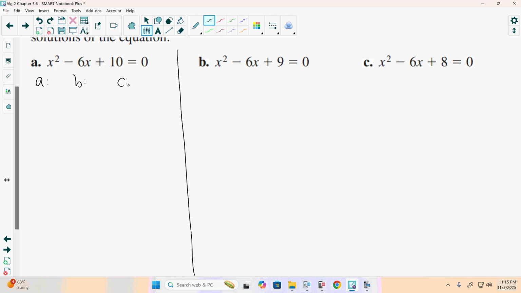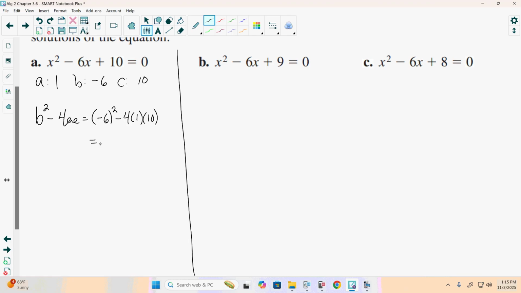Just like before, we're going to find the values of a, b, c. For our equation here, the number in front of x squared, our a, is 1. The number in front of x, our b value, is negative 6. And our c value is 10. Now, the first thing we want to do is find the value of the discriminant, our b squared minus 4ac.